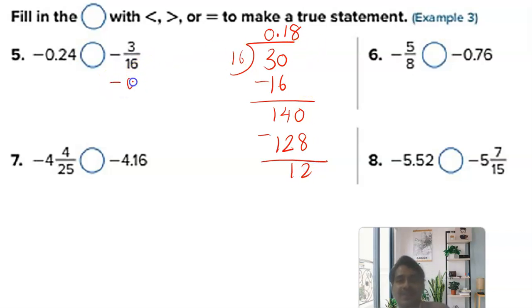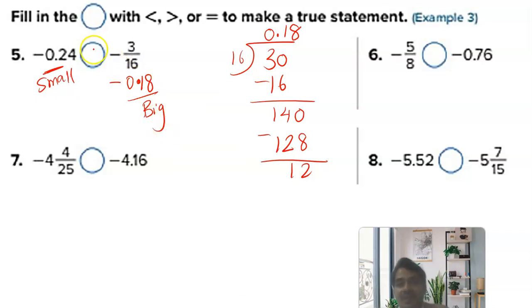So this is negative 0.18. Now remember, 0.24 is big and 0.18 is small, but with negative numbers this will become small and this will become big.